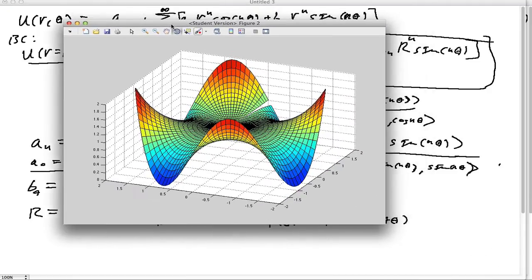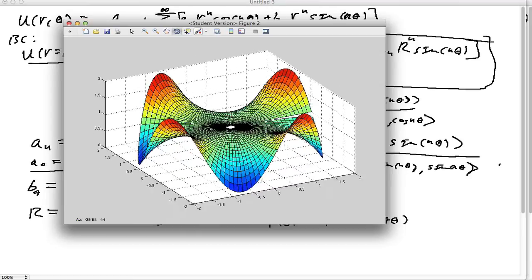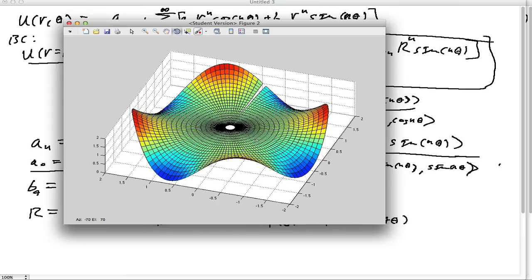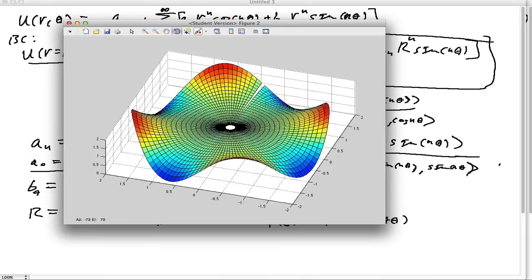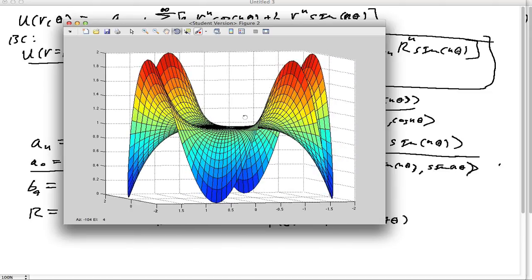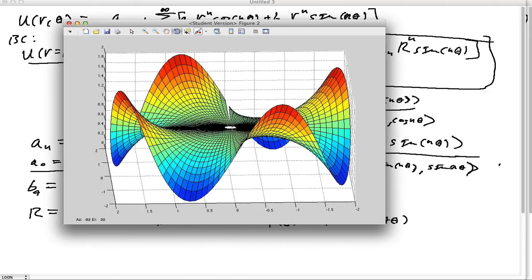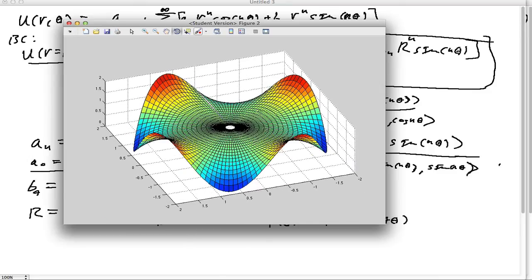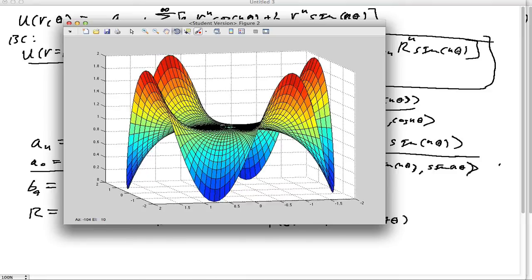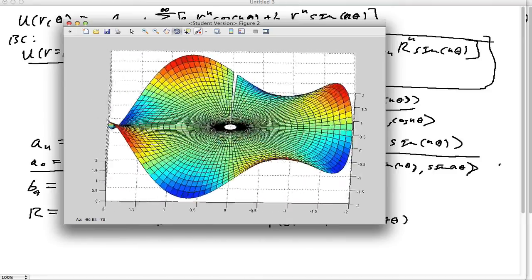So there it is. We can see pretty clearly that on the boundaries we get a periodic function that oscillates 4 different times, and that's because there's that sine 4 theta. And we notice that it goes up and down really wildly on the boundary, but in the center things sort of calm down a bit. Okay, so it's a little bit more flat, a little bit more subdued at the center.